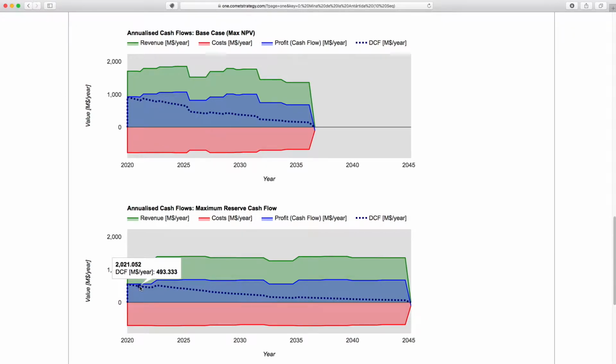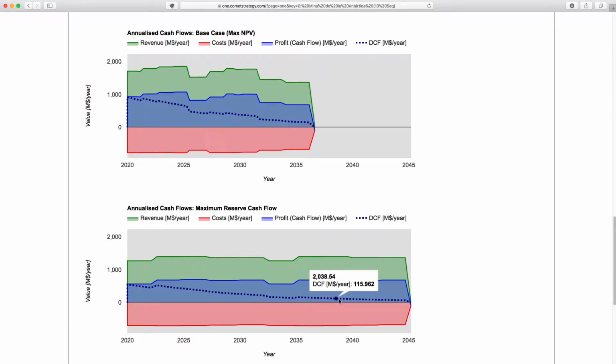So quite a significantly lower amount of material value being produced by the project. But not only that, it's being produced in the early years. Even though we have good cash flows right throughout the mine life, the last years of the mine life contribute a very small amount to the total net present value of the project.